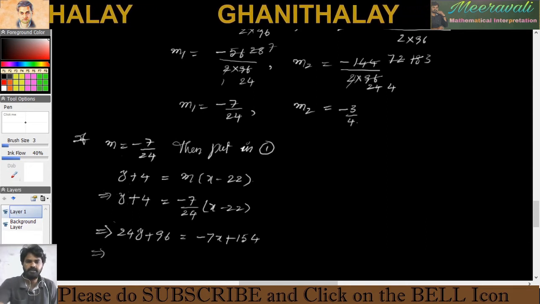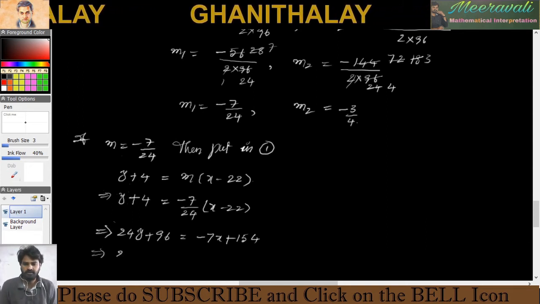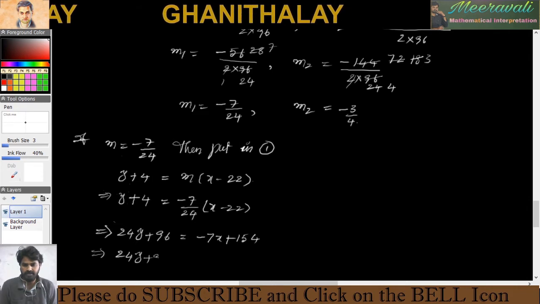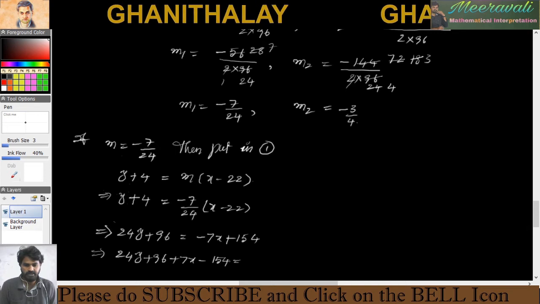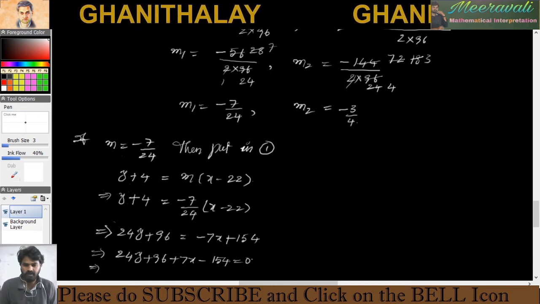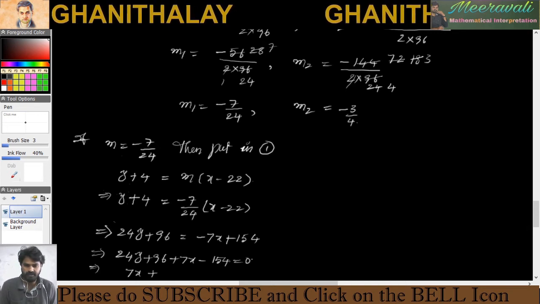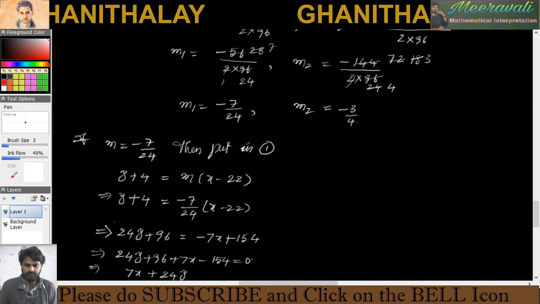Now take the right side terms to the left side: 24y plus 96 plus 7x minus 154 is equal to 0. Now you have to write first x, next y, 24y, next one.